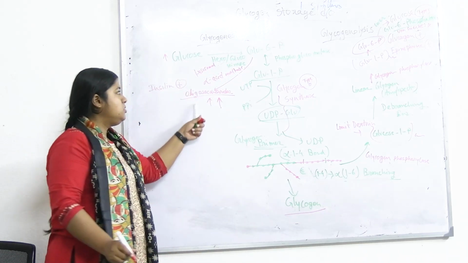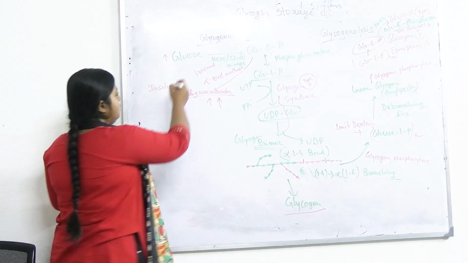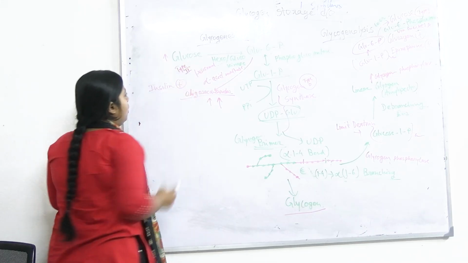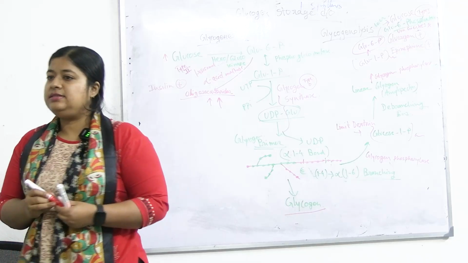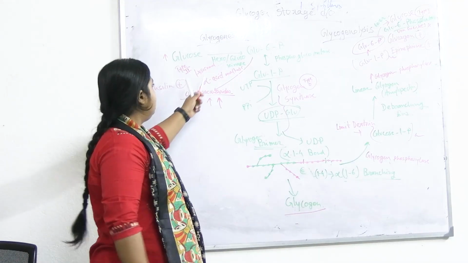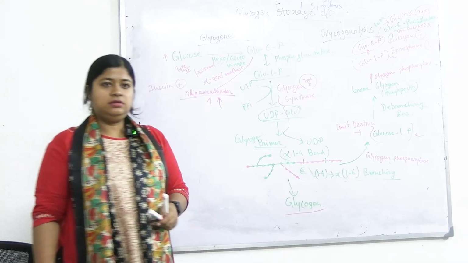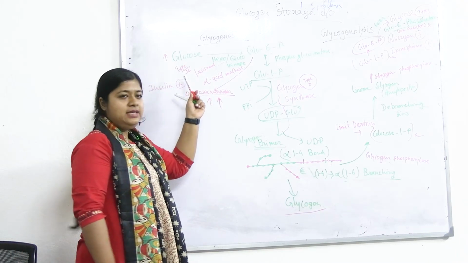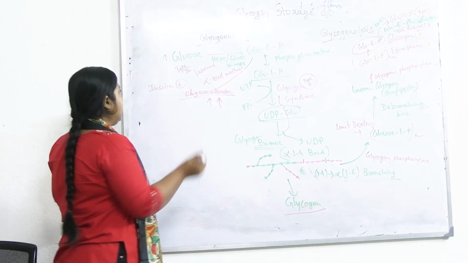It is typed as type 2, known as Pompe's disease. Deficiency of lysosomal acid maltase is known as Pompe's disease or type 2.